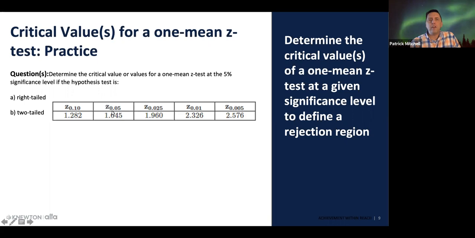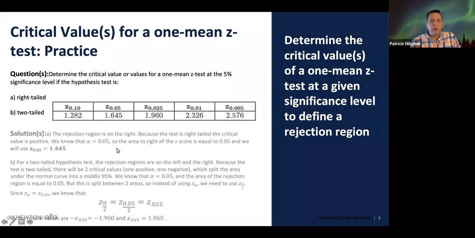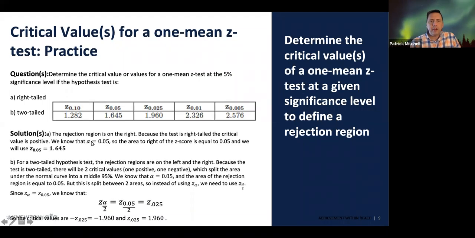Remember this notation, z sub 0.05, stands for the 95th percentile, the exact value that cuts off the top 5%. In that case, the critical value would be 1.645. The rejection region is on the right side because the test is right-tailed.